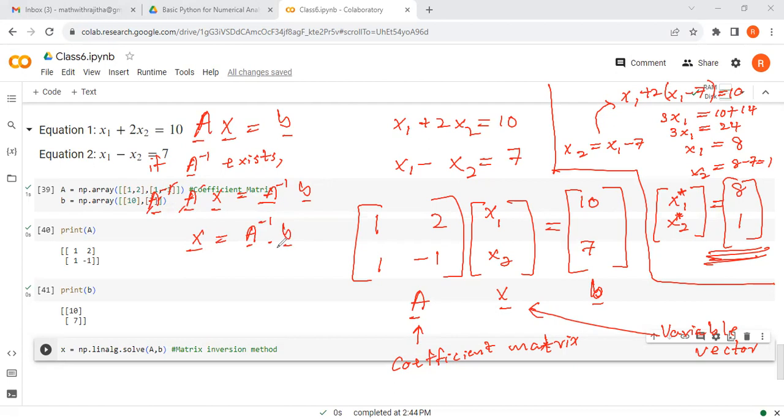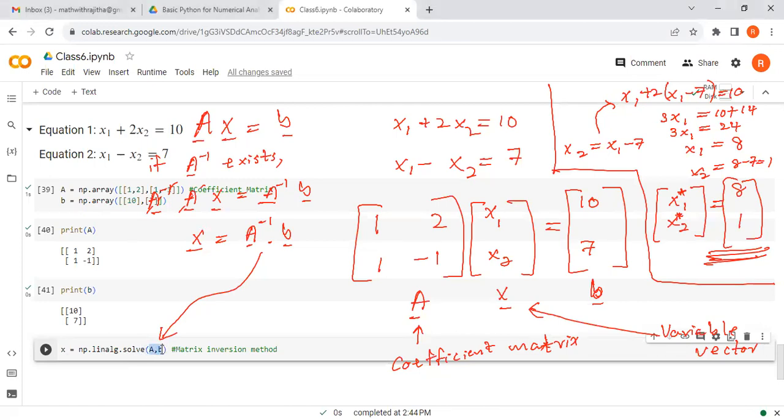Using this method, some programmers have developed an algorithm to find the inverse of the matrix, so you don't have to do that. It has been saved in the linear algebra module, so you have to use this.